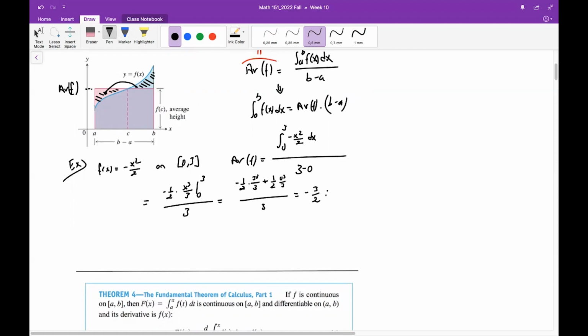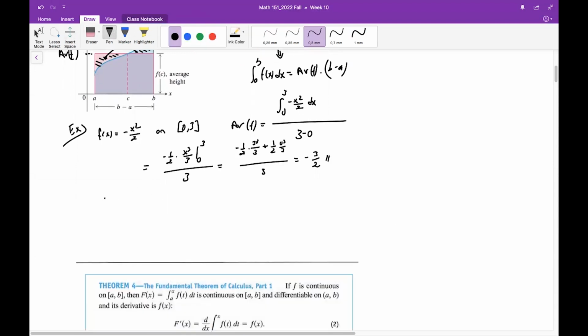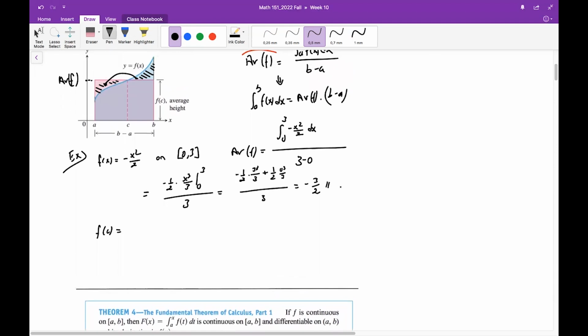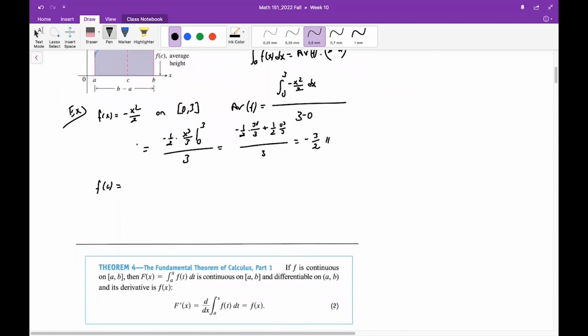Now, I want to search for a real value for a point f of c such that it gets this value. So our function is minus x squared over 2. So f of c is minus c squared over 2. I want to find such a point c whose image is minus 3 over 2.